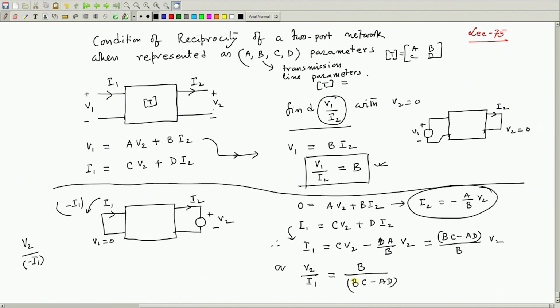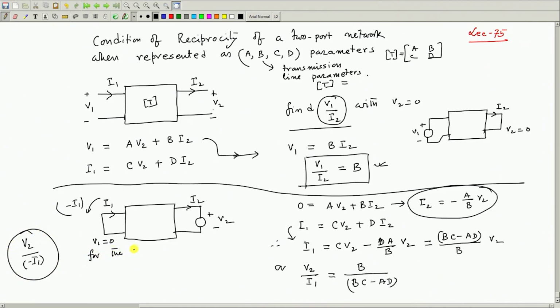But the question is here, because this I2 I have defined in a different way. For one experiment you have excited this side and got the current this way. So, to have the networks satisfying reciprocity, the same polarity of voltage I have applied on this side, but I should take the current in the same way. So, I should not equate V1 by I2 to V2 by I1.